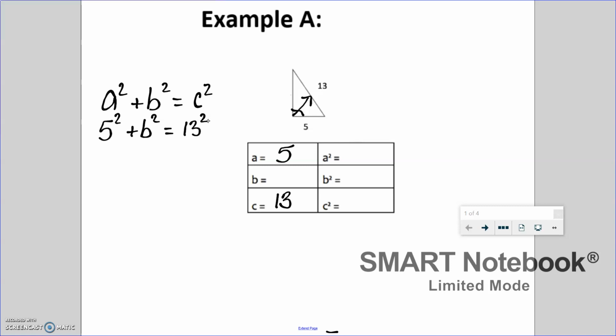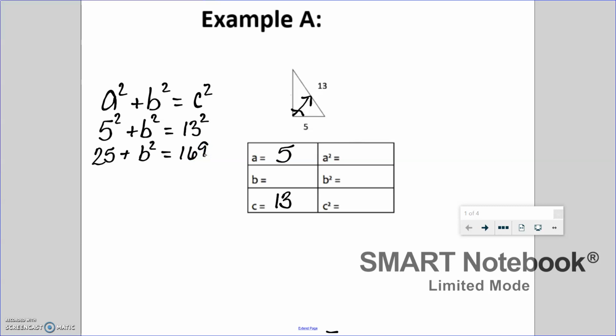So once I go ahead and do that, I am then going to square the numbers. Remember, squaring is multiplying a number by itself. So 5 squared will be 5 times 5, which is 25, plus B squared is equal to 13 times 13, which gives me 169.